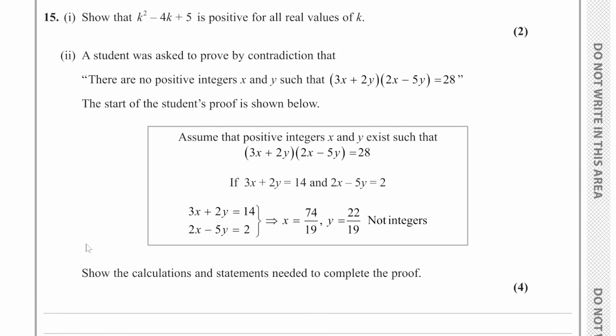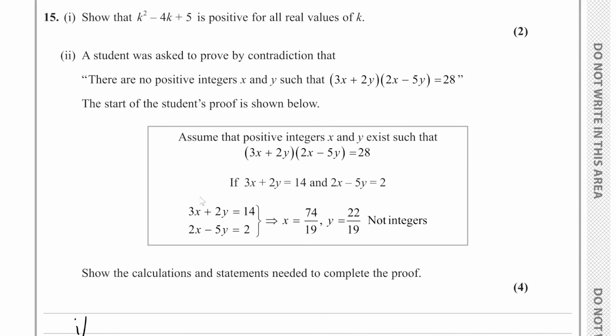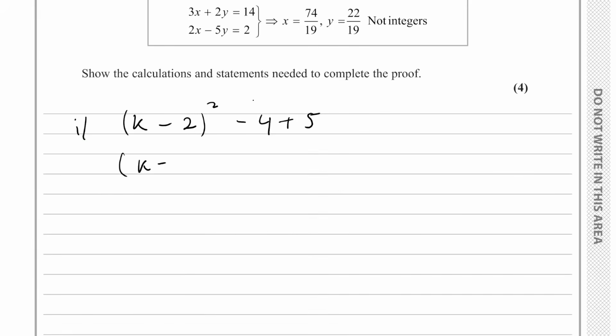Question 15. Show that k squared minus 4k plus 5 is positive for all real values of k. So we can complete the square and find the minimum point, find the smallest thing it can be. So (k minus 2) squared minus 4 plus 5. (k minus 2) squared plus 1.